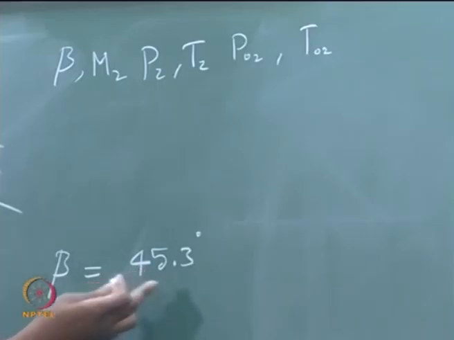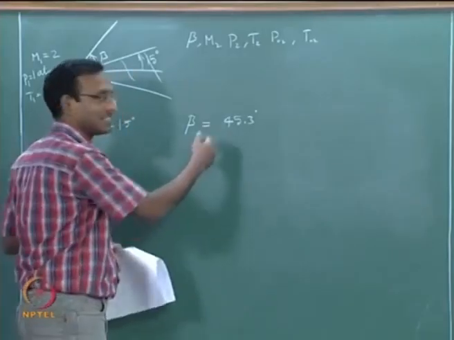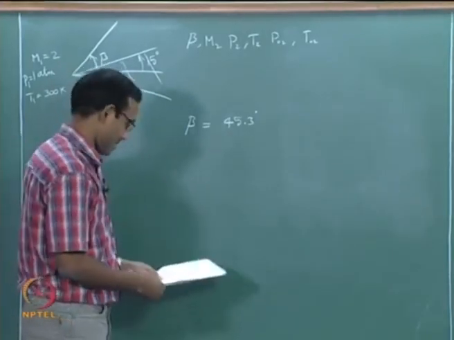To some extent it will be correct, it could be like 45.25 to 45.35 somewhere there, I just put 45.3. And it so happens that I interpolated on my tables and I got exactly the same number also.